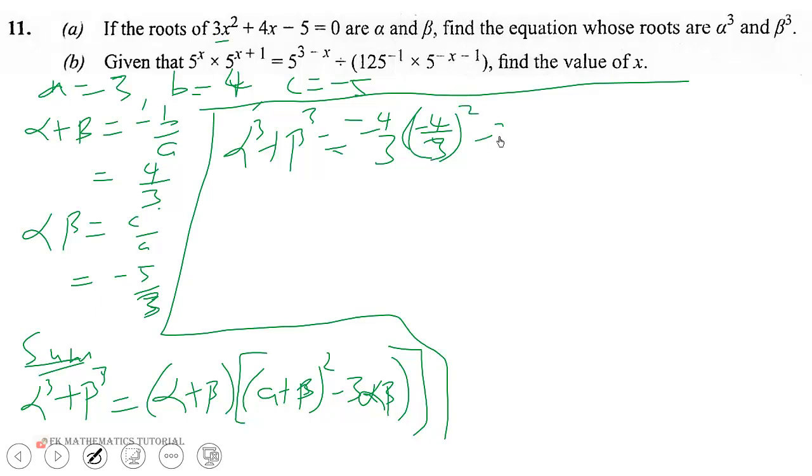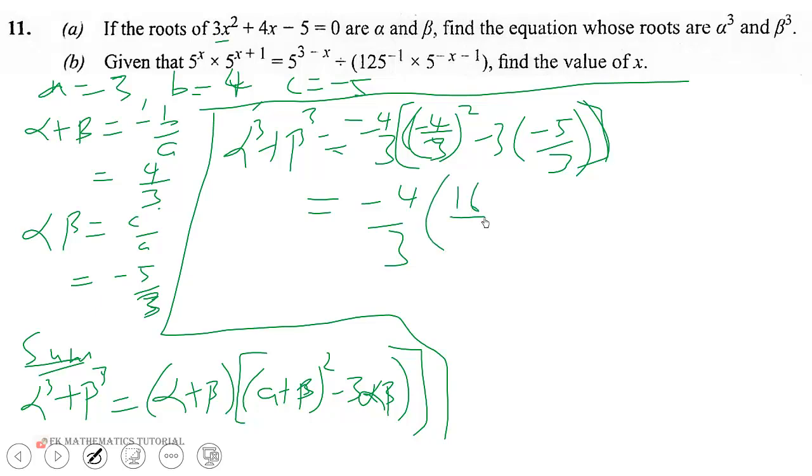Then minus 3 into bracket alpha beta, which is -5/3. So we have to simplify this, and when we simplify, we are going to get something like -4/3. Now -4 squared is 16, so we have 16 over 9 plus 5.